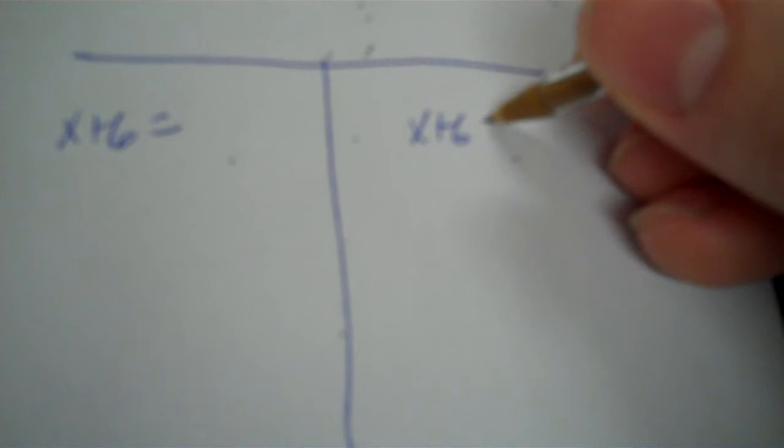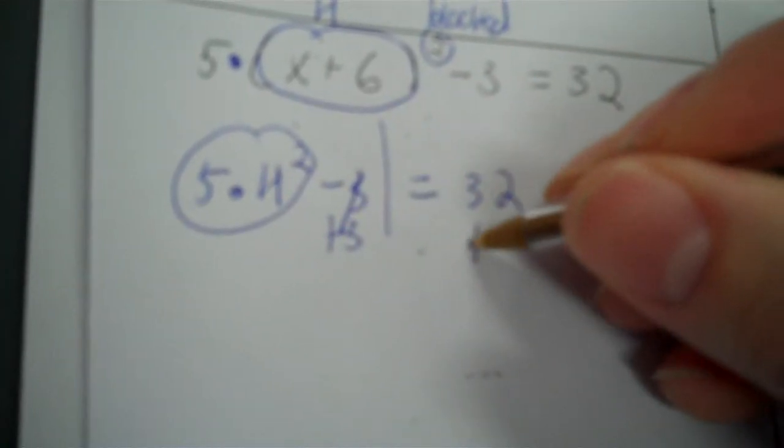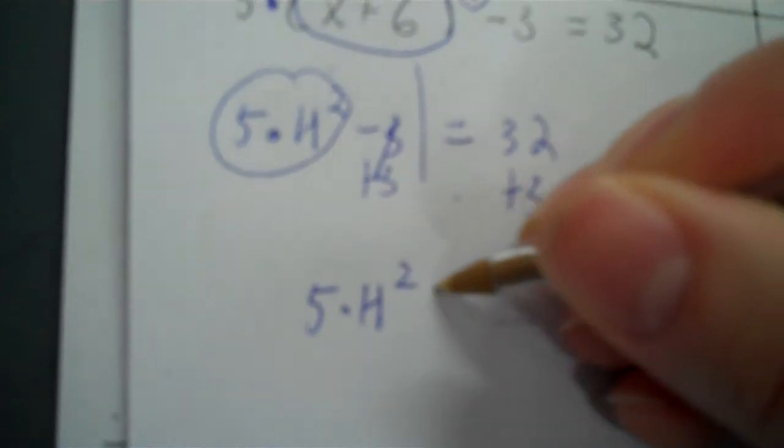Okay, so we're going to bring back the x plus 6 over here. And we'd use linear properties followed by the square root. Remember, linear properties means get the variable by itself. So get rid of your minus 3 with plus 3. It's 35. Then divide by 5.